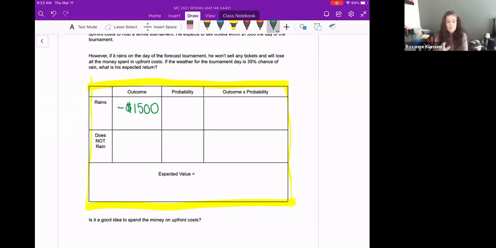Okay, so remember, the table is there to help you, right? If it rains, how much money is he going to gain or lose? Well, he's going to lose the upfront costs. So he's going to lose $1,500. So I write negative $1,500. All right, so anyone else, tell me, fill in any other box. I don't care which box you tell me.